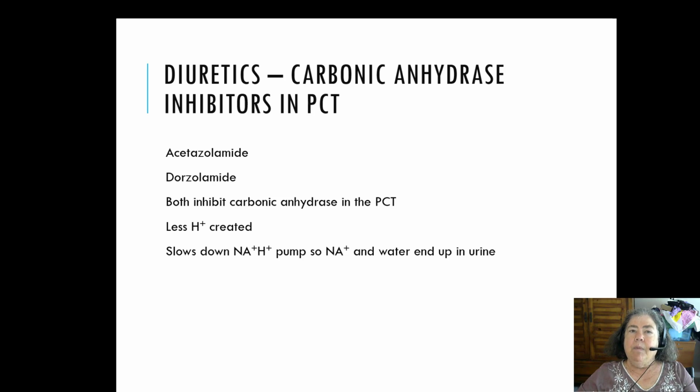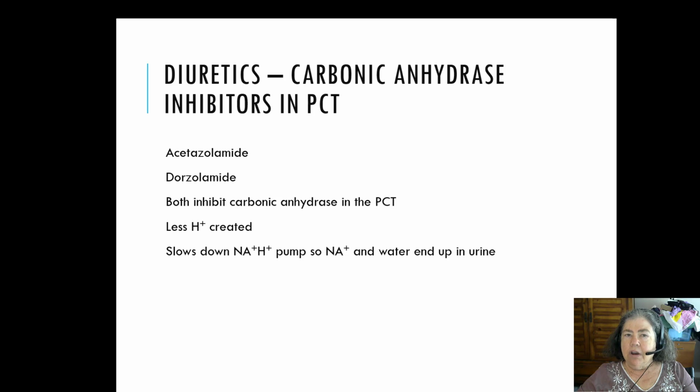But in the proximal convoluted tubule, this is where a kind of diuretic called a carbonic anhydrase inhibitor works. Two examples are acetazolamide and dorzolamide. Acetazolamide is the older drug, the one that you're more likely to hear about. But both of them have the action of inhibiting the enzyme carbonic anhydrase in the proximal convoluted tubule.